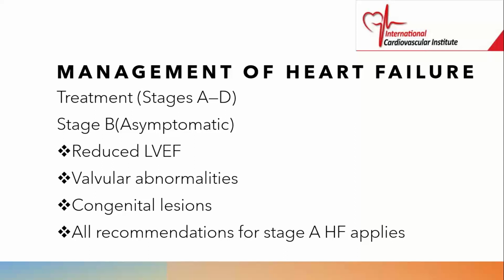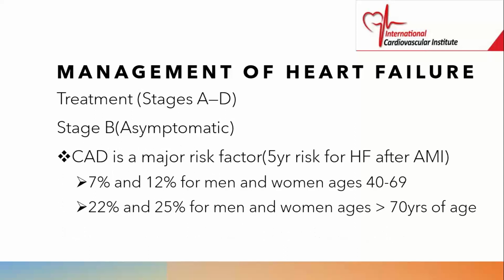You're going to do that to prevent the valvular problem from getting more severe. Congenital lesions are the same thing. And your stage B patients, all the counseling that you do for your stage A heart failure patients, you're going to apply that to your stage B patients.